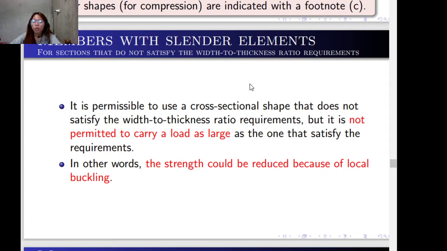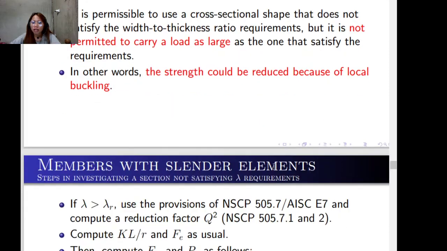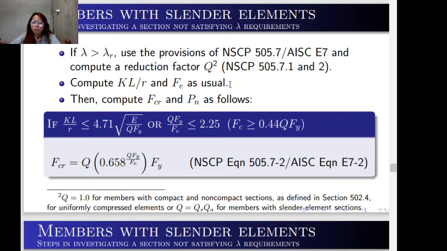So you have to compute the nominal strength that it can carry, or the design strength or allowable strength for the LRFD and ASD, for those elements or members that do not satisfy the width to thickness ratio. We have here the section that does not satisfy the lambda or the width to thickness ratio requirement.